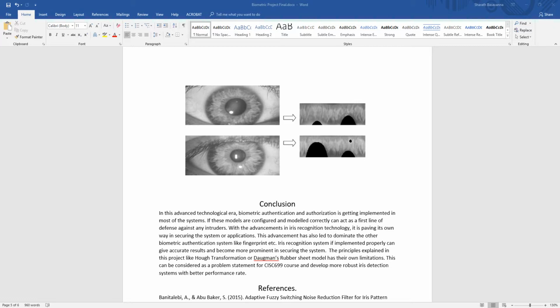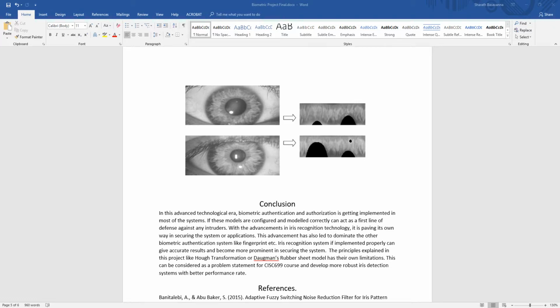I truly believe that iris recognition systems will be implemented on all systems once some of the shortcomings are identified and the algorithm is fine-tuned in such a way that it meets an SLA.